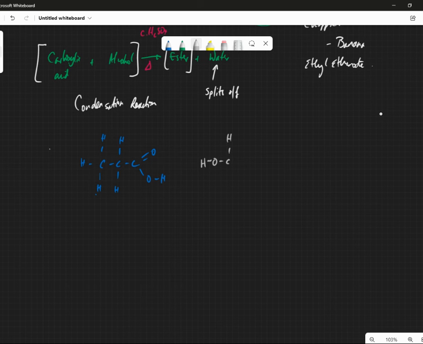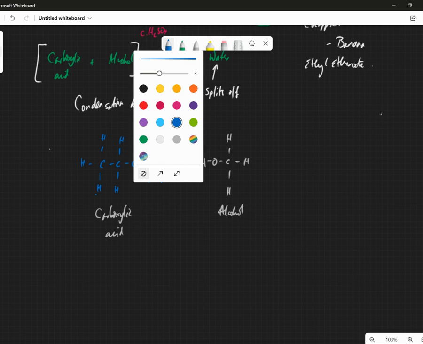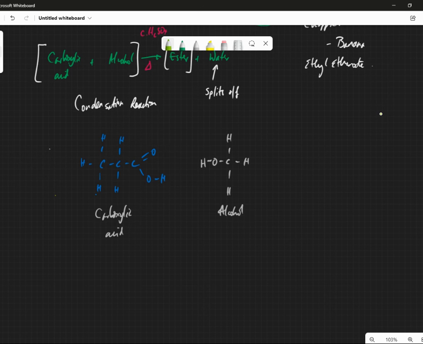There's methanol. So on the left, we've got my carboxylic acid. Whoops, what's going on there? Carboxylic acid. And on the right, I've got my alcohol. Now, the carboxylic acid that I've chosen here, that's a nice green. This is propanoic acid. Propanoic acid. And my alcohol, the one I've chosen, is methanol.